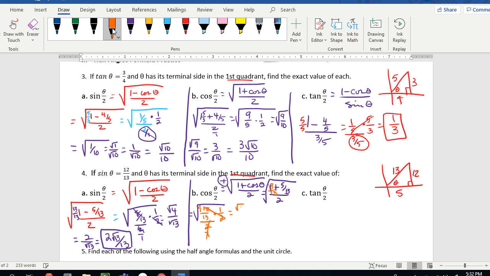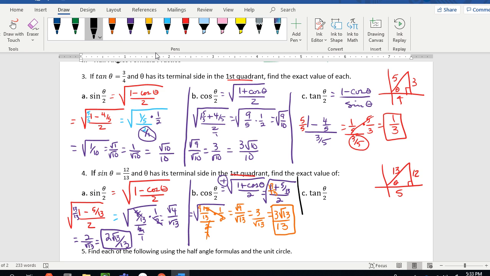So I'm left with the square root of 9 over the square root of 13. The square root of 9 is 3 over the root of 13, and that would be lovely, but I need to rationalize. And yes, I will dock you a point if you can't rationalize this. 3 root 13 over 13, final answer. And if you're not sure how to do that, come in and see me.